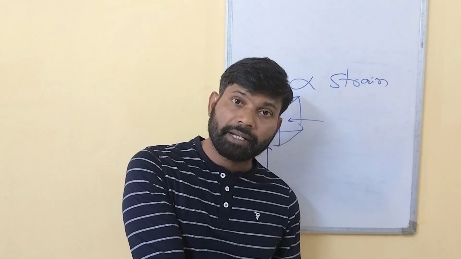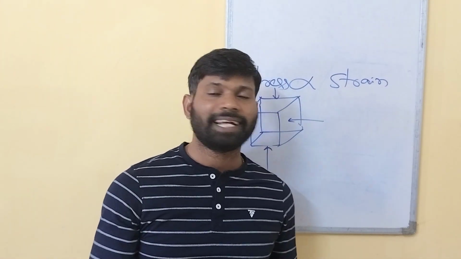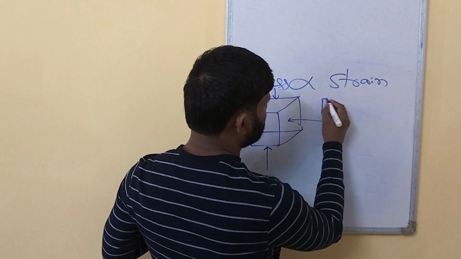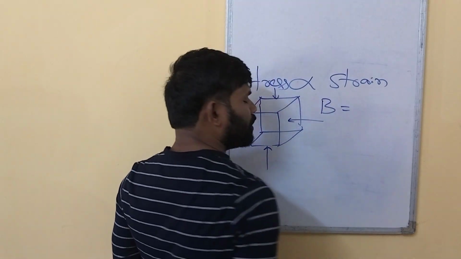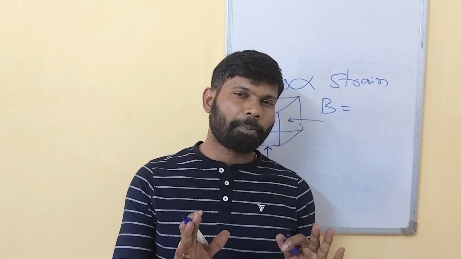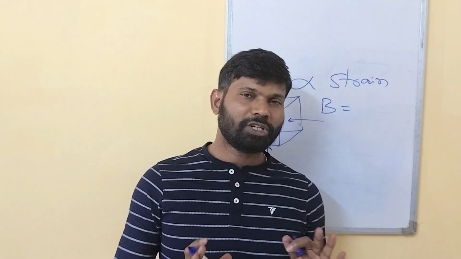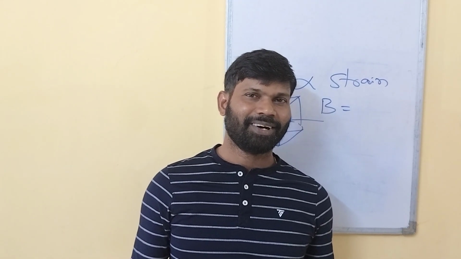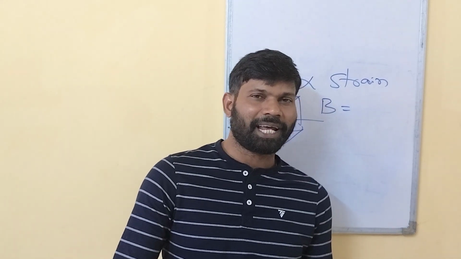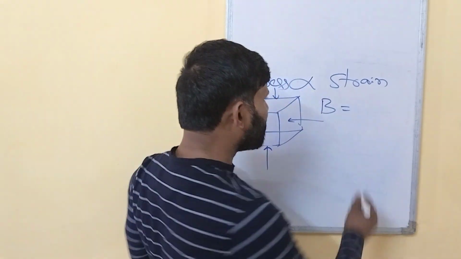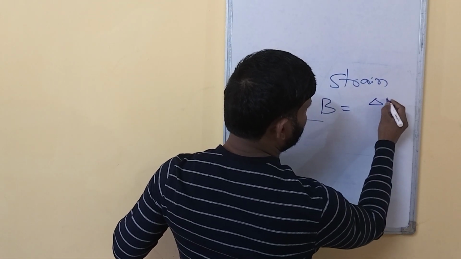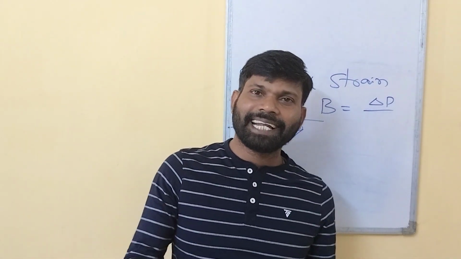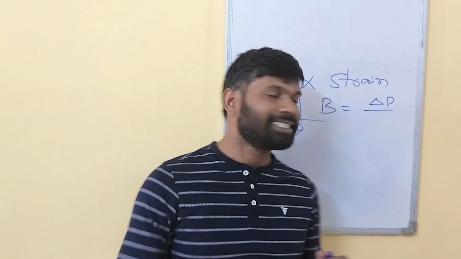the pressure at the 100 meter depth into area, that is the force. So volume changes. So bulk modulus B is equal to the force per unit area, which is pressure. If force changes, pressure changes, so I am calling that delta P, change in pressure. If pressure increases, volume decreases.